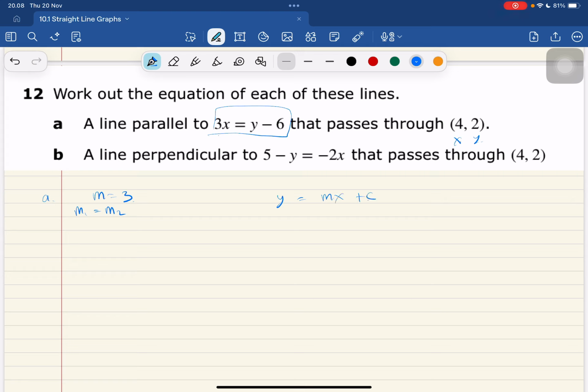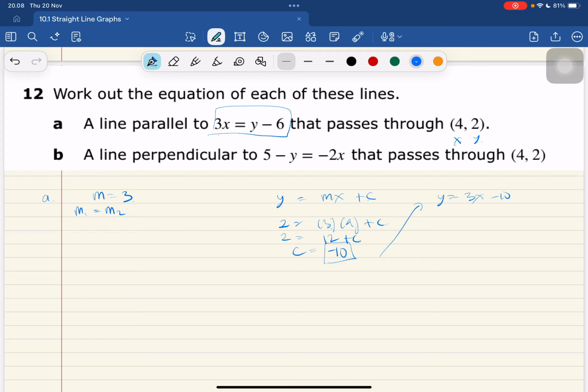We need to find c first. The gradient is 3, x equals 4. So 2 equals 3 times 4, which is 12, plus c. So c equals minus 10. Let's substitute again. So y equals 3x, and then c is minus 10.